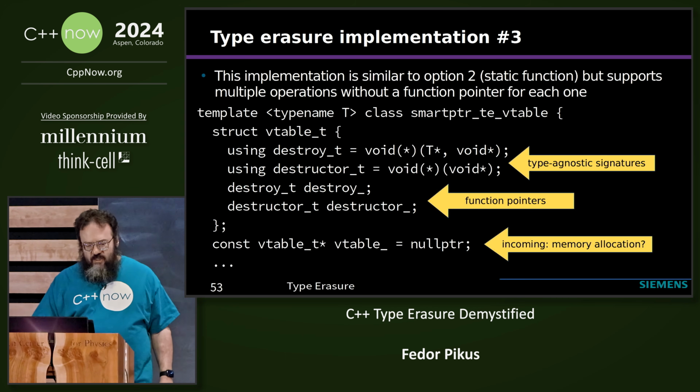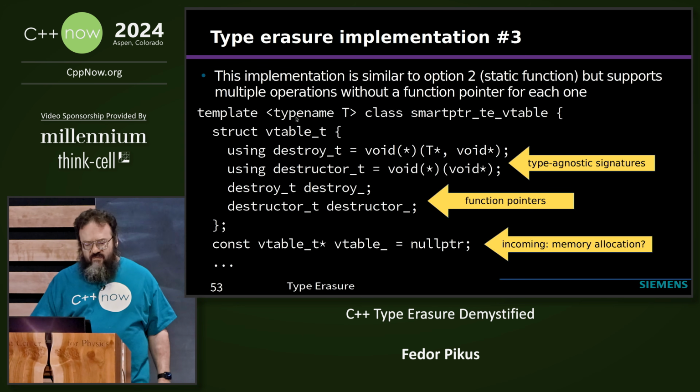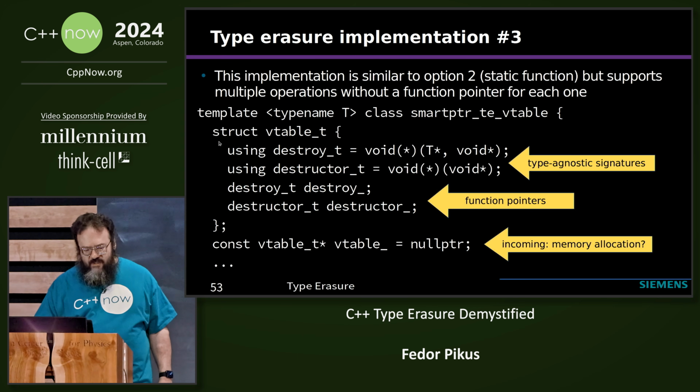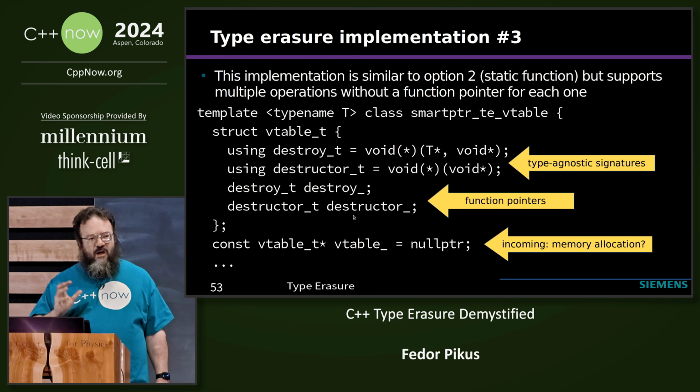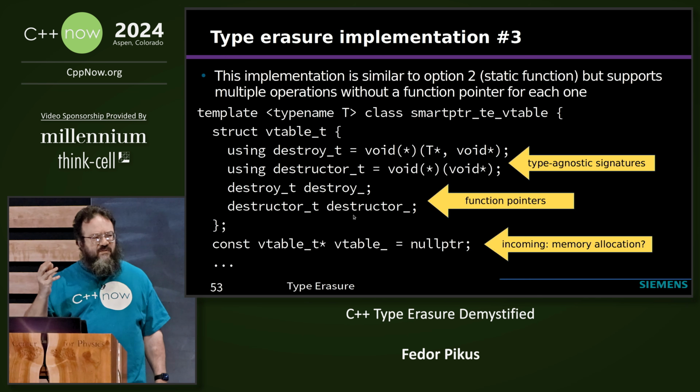Even simplified to the absolute minimum, it's still going to be a sizable chunk of code, at least in terms of slideware, so we're going to have to look at it in pieces. My smart pointer class: first thing I do is declare inside this struct a nested type, and I call it vtable, and it has function pointers. All it has is function pointers. It has one function pointer for each operation that I want to support that I deem a relevant element of behavior.